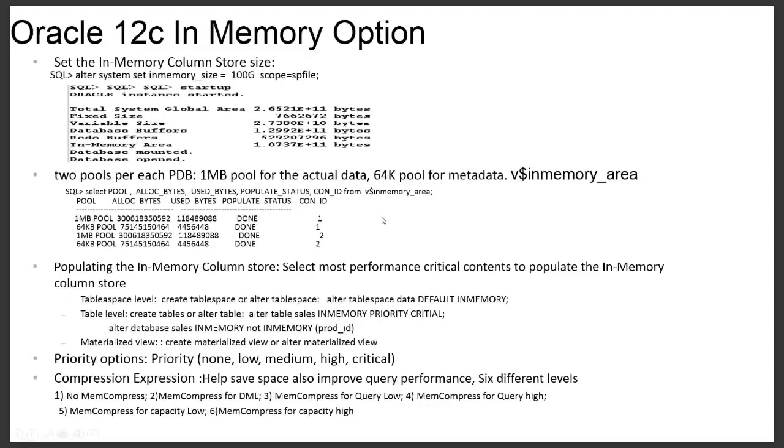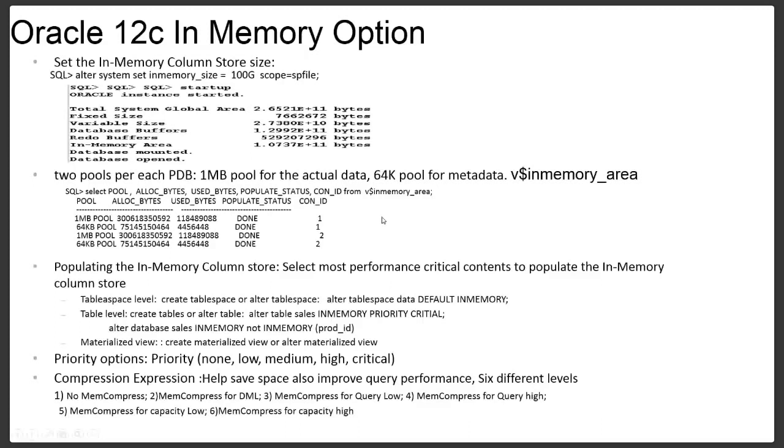This is extremely useful for business analytical applications because a lot of applications use materialized views. You can also specify priority, because chances are you want to load many tables in the in-memory, but your in-memory resource can be very limited. So you probably want to give a priority.